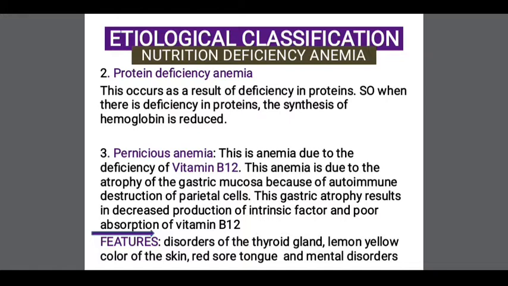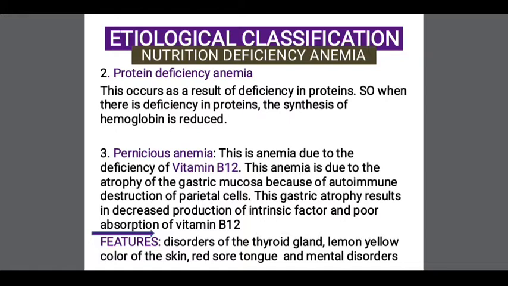Now let's see features of pernicious anemia. The features we see here are disorders of the thyroid gland. We see lemon yellow color of the skin, red sore tongue, and other neurological disorders. Now one thing with pernicious anemia is that it looks a lot like Addison disease.